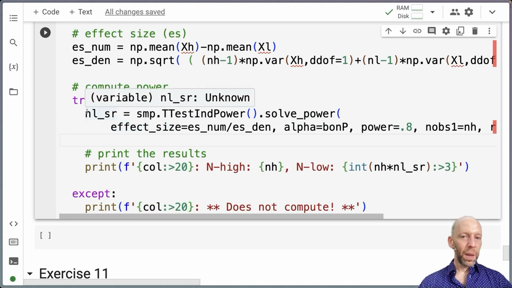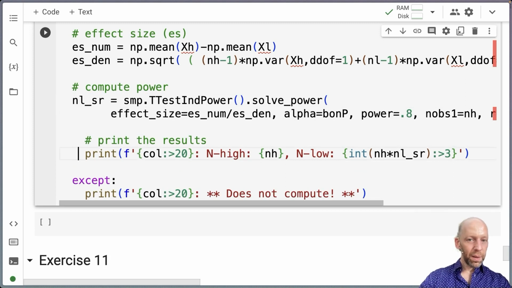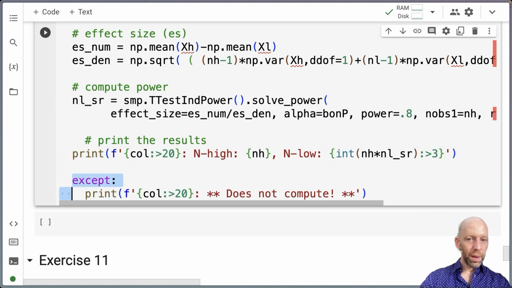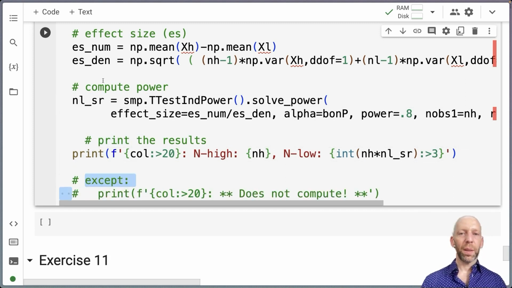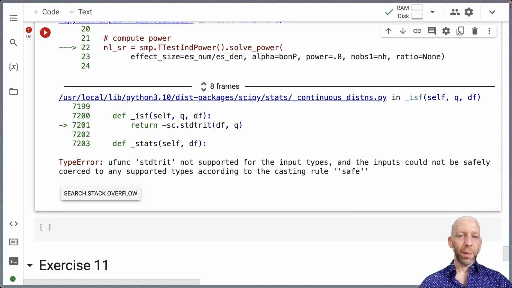Now this is going to crash on some cases. Let me delete this and comment out this part just so you can see what the error message actually is. Run this code here, and you see we get an error message.